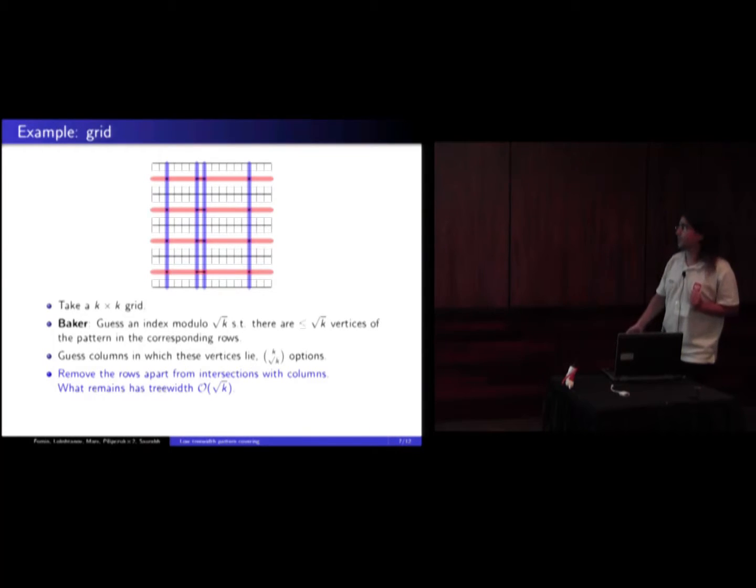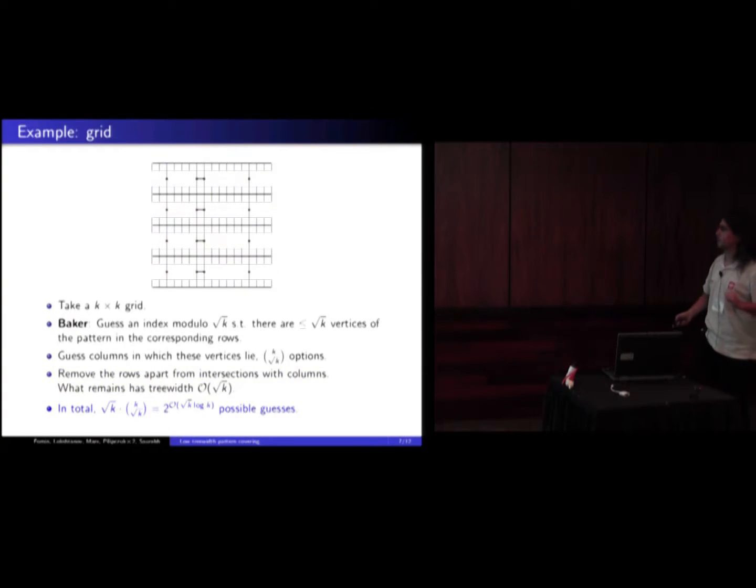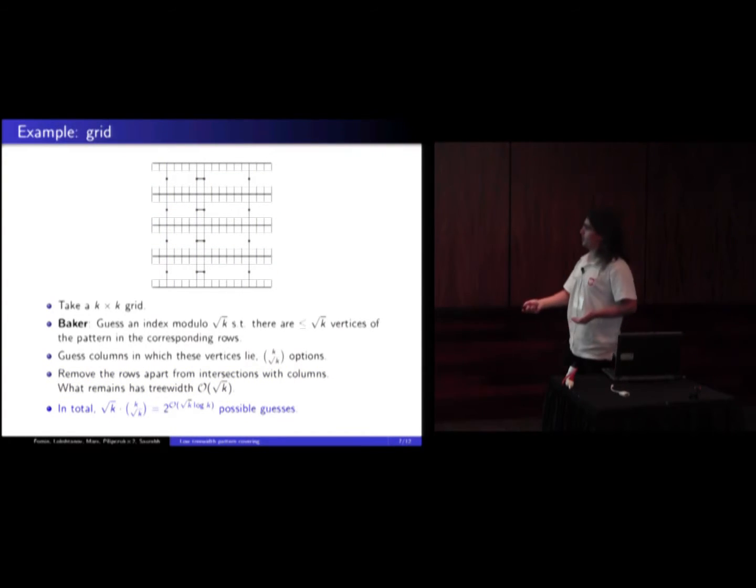And now the remaining graph is easily seen to have tree width square root k, because I can sweep it from top to bottom while keeping two of these rows at a time, and while I'm keeping two of them at a time, I can sweep the consecutive part from left to right because it has width square root k. So basically in total I get square root k times k choose square root k options.